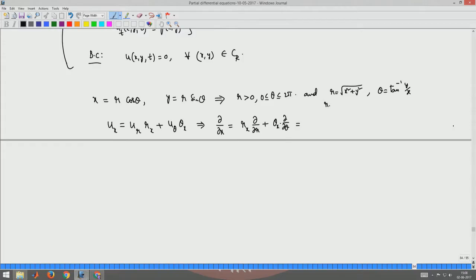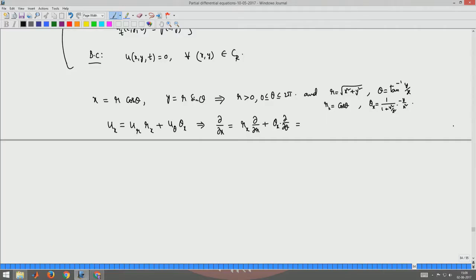So, r_x is 1 by 2r into 2x, the 2 goes. So you basically have x by r, and x is r cos theta, so this is r cos theta by r, that is cos theta. You can also get theta_x as 1 by 1 plus y square by x square, and d/dx of y by x is minus y by x square.